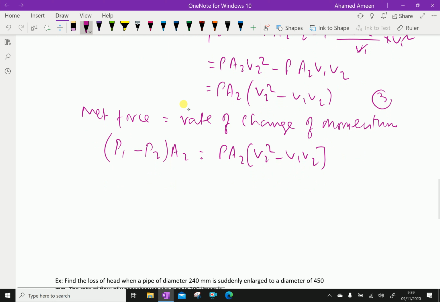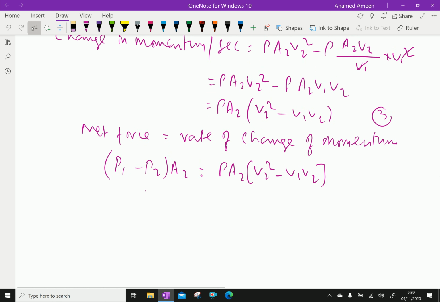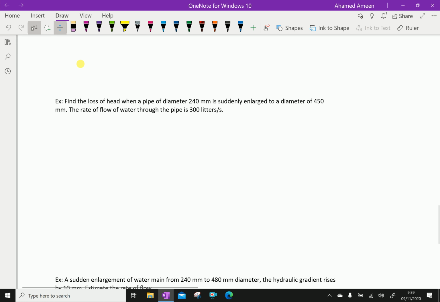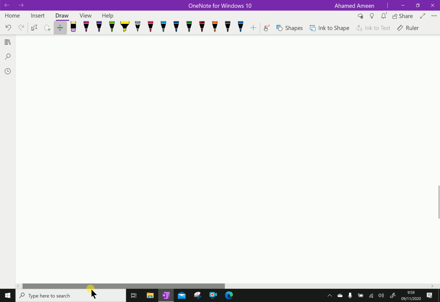From this, (P1 minus P2) by rho equals V2 squared minus V1 V2, because A2 cancels and rho comes down.